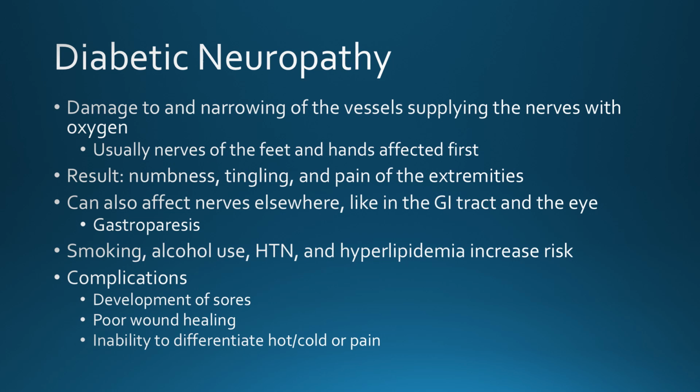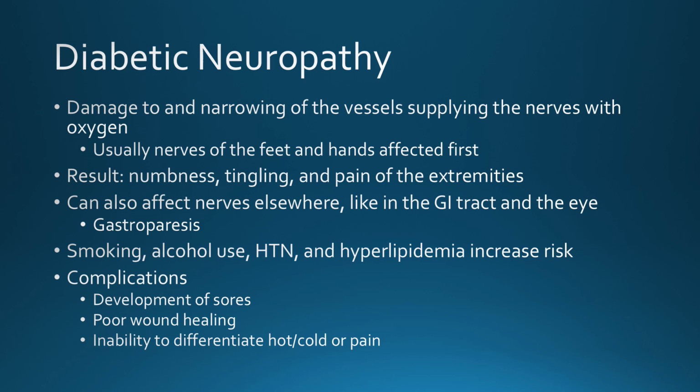All right, so we're going to start with diabetic neuropathy. So as I mentioned, this occurs whenever we have decreased blood flow and decreased oxygenation to our nerves. So this again results from damage to and narrowing of the vessels that typically feed those nerves with oxygen. And if the nerves do not get the oxygen that they need, then they are not going to be able to function as they should.